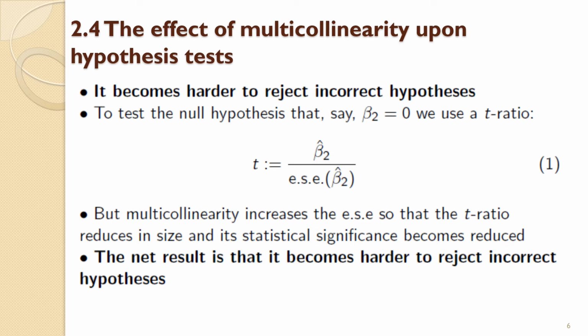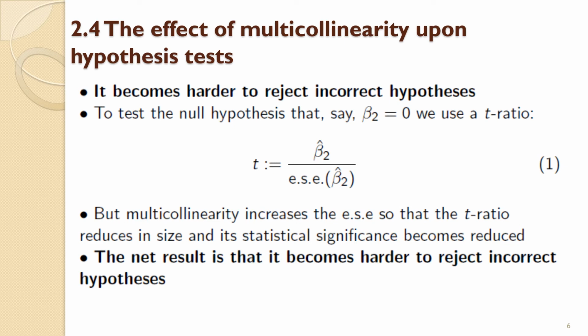If you use the t ratio, the t statistic would be the estimate divided by the estimated standard error. Then if you increase the estimated standard error, you decrease the t value and you decrease the p value that's calculated because of that. So the t ratio reduces in size and its statistical significance becomes reduced.